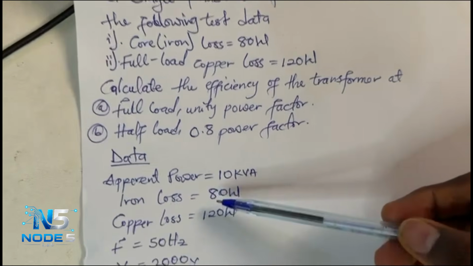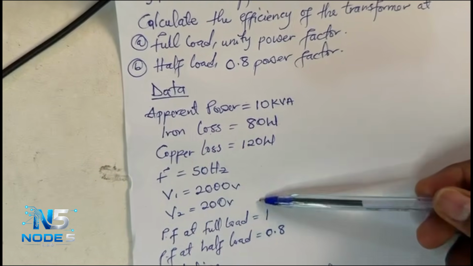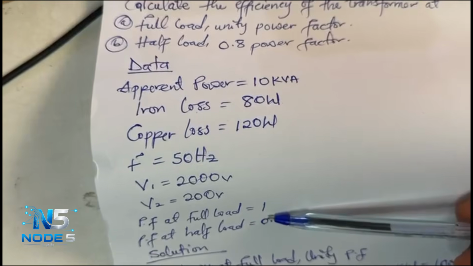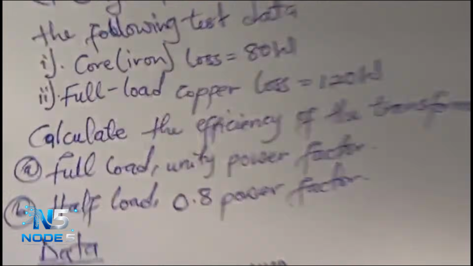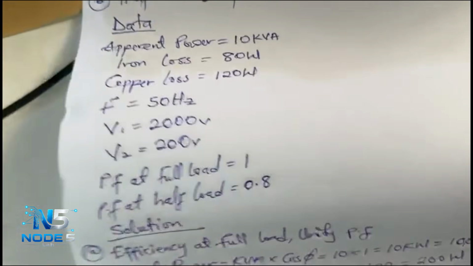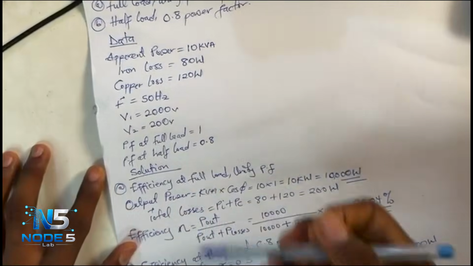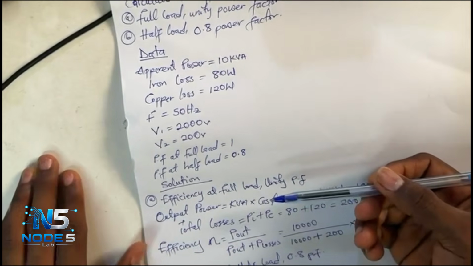Then we have the frequency, the voltage of the primary, voltage at the secondary, the power factor at the full load, and then the half load. So the question is telling us to solve for. Let's try to start solving.